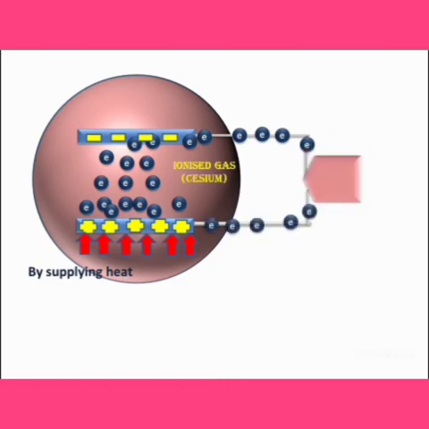So finally, the thermionic converter directly produces electrical energy by using electrodes and heat.